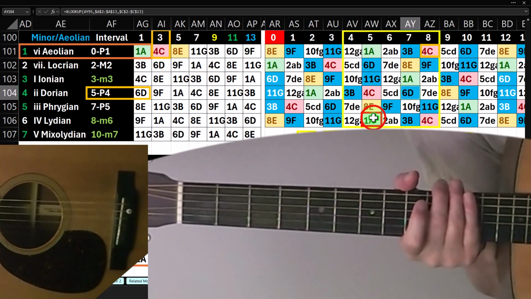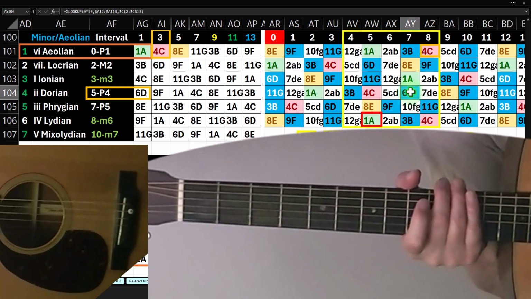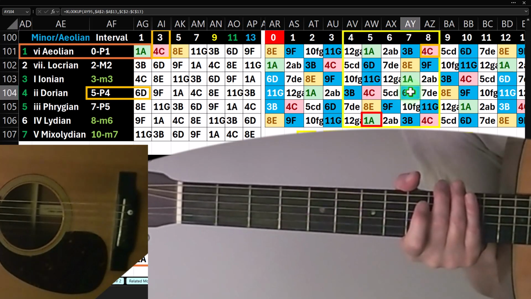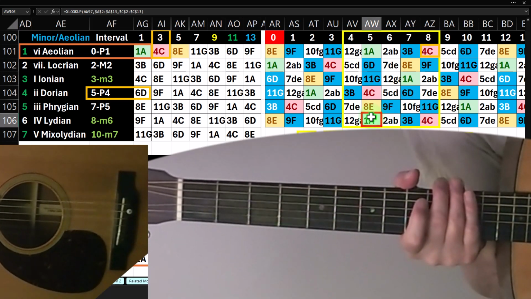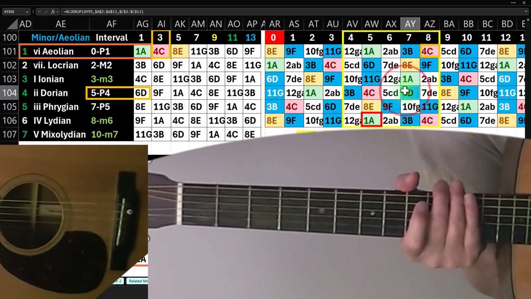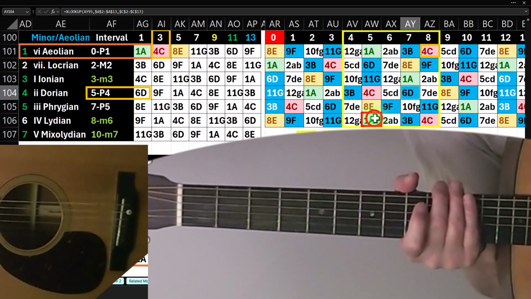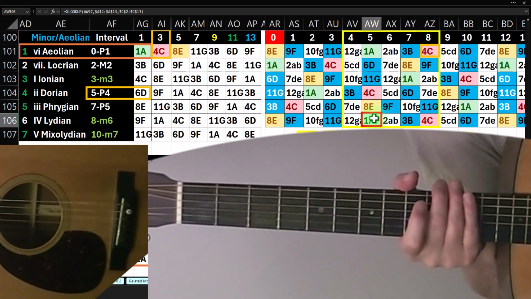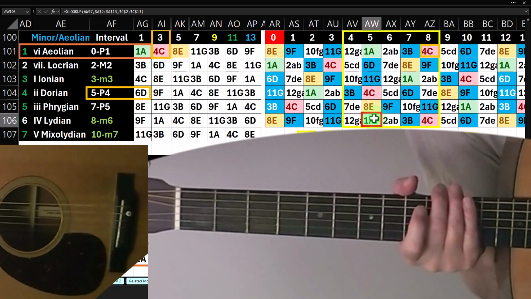So I'm measuring from the start of the Aeolian to the start of the Dorian. I don't want to see the distance between A and D, because that's not movable. What is movable is looking at the Aeolian note in the shape, whatever shape it is.